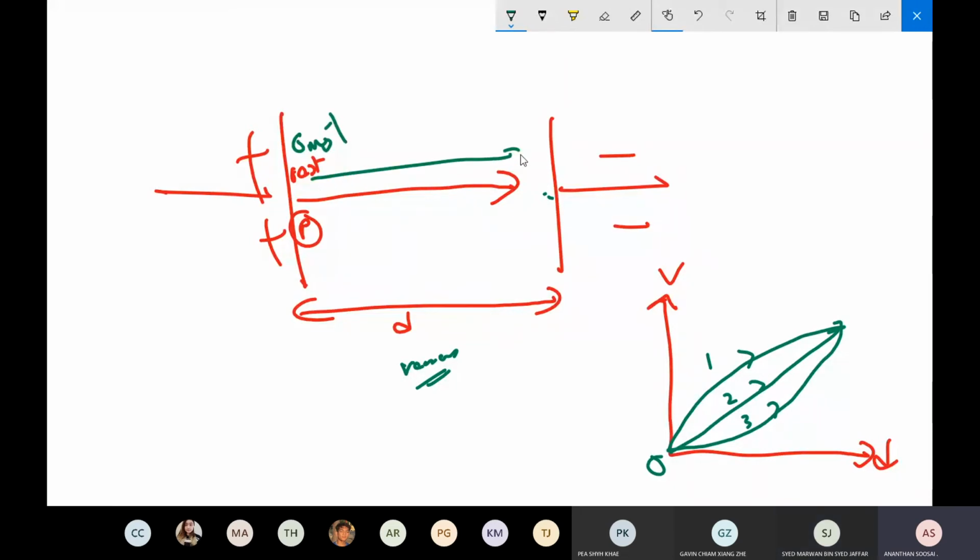When it reaches here, the speed is going to be very high, maximum. So it must start from 0 to V max. But is it going to increase with a curve with a decreasing gradient, or an increasing gradient, or linear? Please send me your answer.